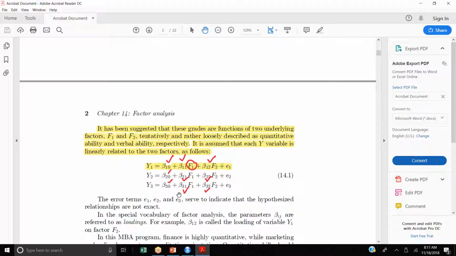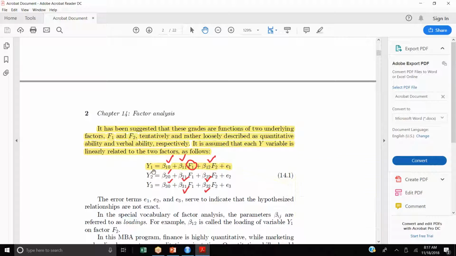I'm not talking about linear relationships among the original variables. I'm talking about linear relationships among the hidden dimensions. So the idea is that if fundamentally there are only two dimensions, F1, F2, let's call that loosely as quantitative ability, and F2 is verbal ability.